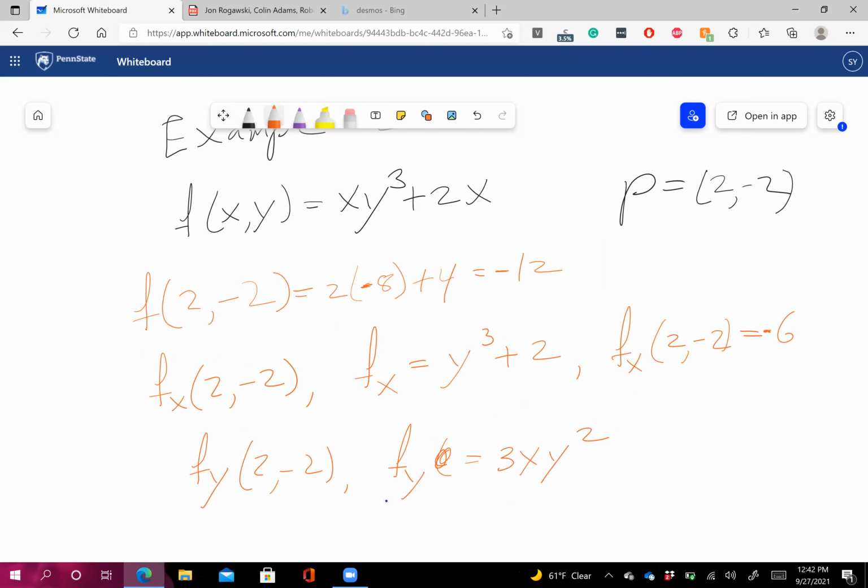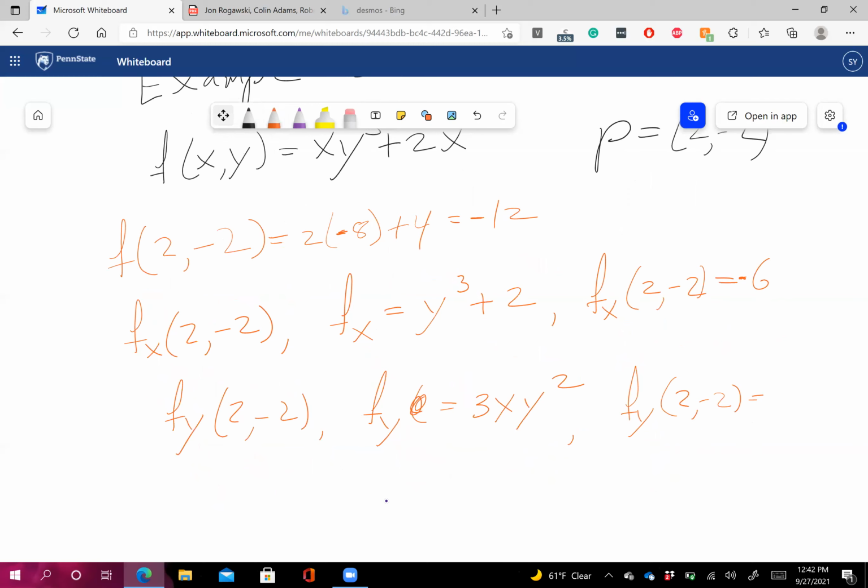And then the x is just constant, so it disappears. And so then the partial of f with respect to y at 2, -2 is going to be 3 times 2 times 4, which is 24.